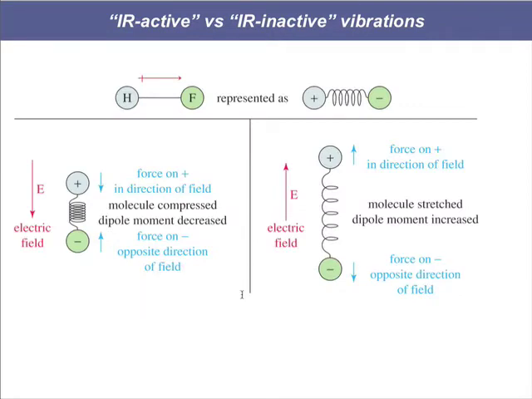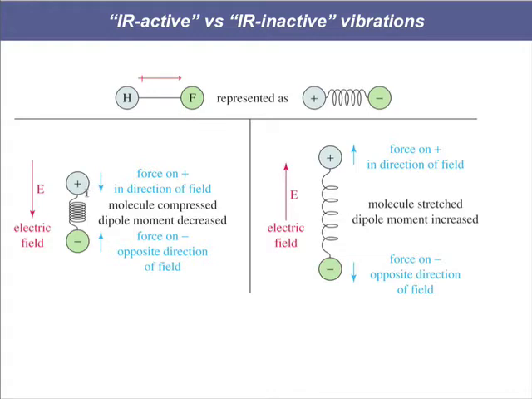Here's what I mean by that. HF is a polar bond. You can imagine that as being two weights on a spring. One weight has positive charge, one weight has negative charge. As we bring those charges together, as the spring is compressed, there's going to be less overall charge as the dipole is decreased. The positive charge and the negative charge come close together and they become indistinguishable from one another.